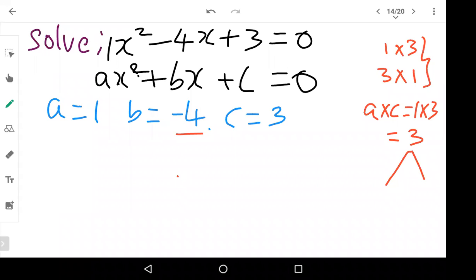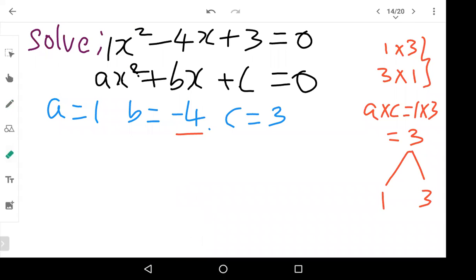So I will take 1 as well as 3. But now I have to be careful with the sign. Which sign should I take here so that I get -4 for the value of B? That is very, very important for us to consider.